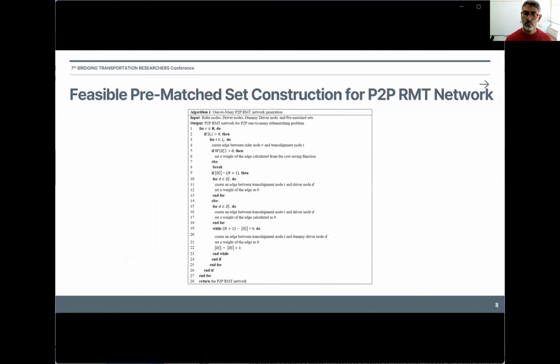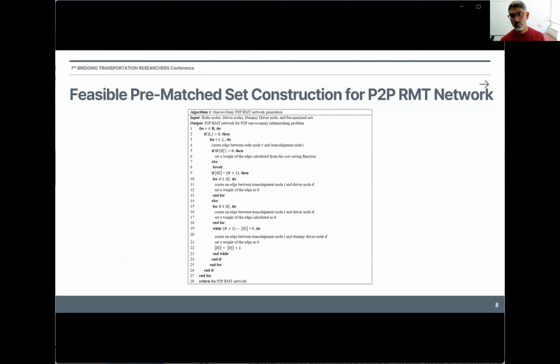Algorithm 1 shows how we generate the peer-to-peer ride matching network from the feasible set of matches in pseudocode form. Let me explain this algorithm in a more narrative way, as if walking through it. The goal of Algorithm 1 is to construct the edges of our peer-to-peer ride matching network given the feasible pre-match set we identified.